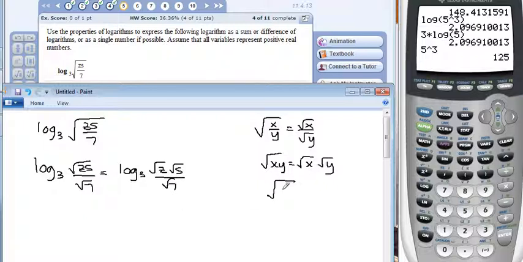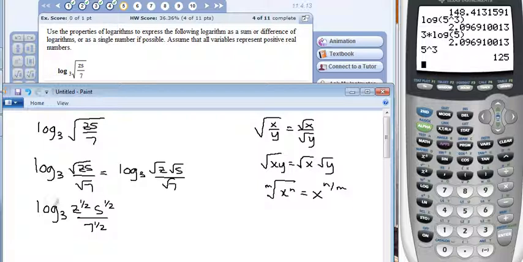And then the notorious radical to exponential form. Log base 3 of z to the 1/2 power s to the 1/2 power over 7 to the 1/2 power. Now I've got multiplication, which is addition, I've got division, which is subtraction, and I've got my power rule where I got to drop those in front.